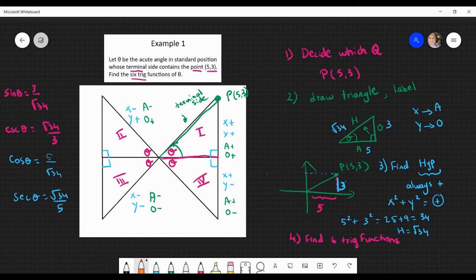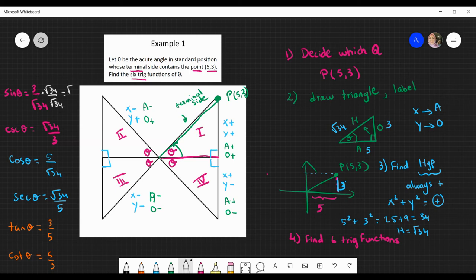And we will do tan, which is opposite over adjacent, so 3 over 5, and the cotangent we will just flip. And I'll go back, and anything that needs to be rationalized can be rationalized.